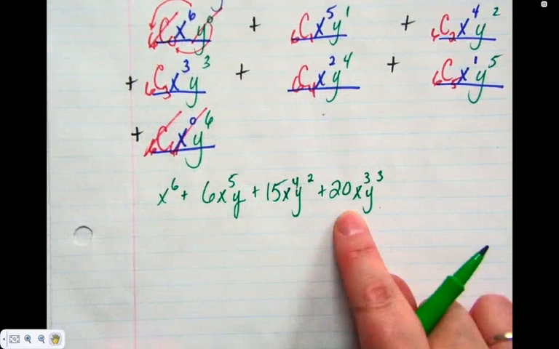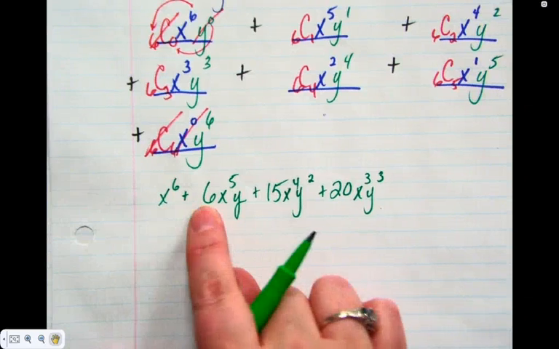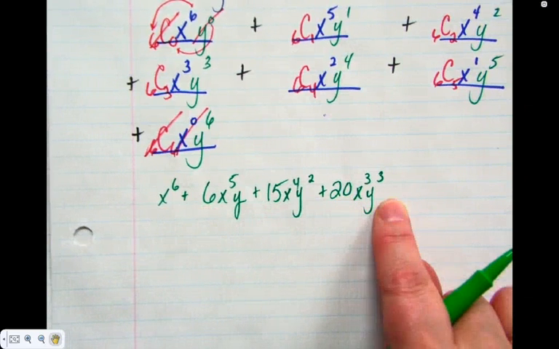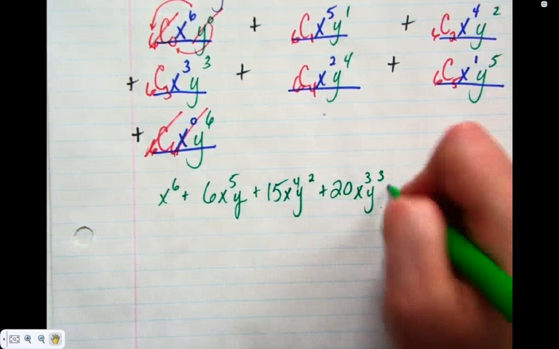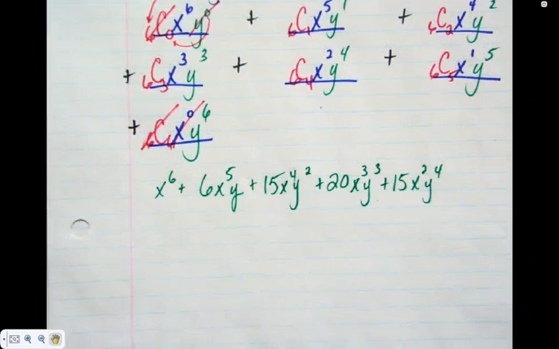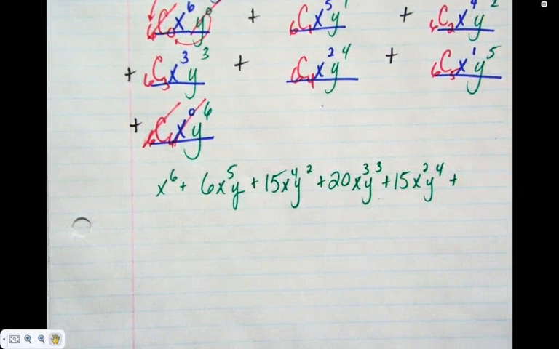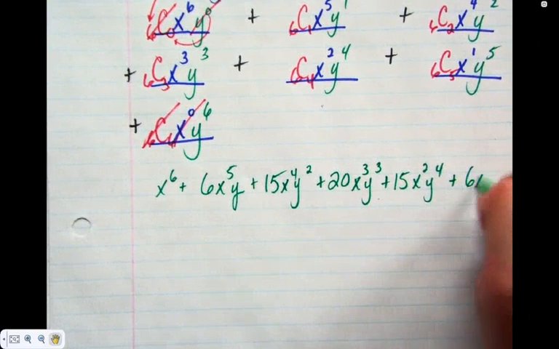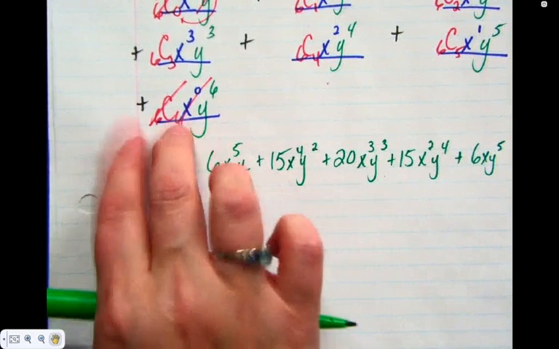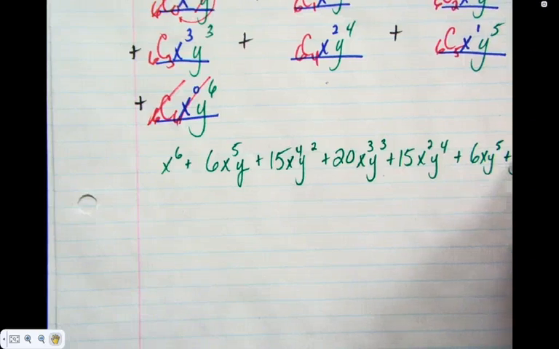Because you know this is symmetric. So if it goes 1, 6, 15, 20, we're halfway in our terms. What does it have to be next? Back to 15, x squared y to the 4th, plus 6xy to the 5. And the very last term, I don't care about anything except that y to the 6th.